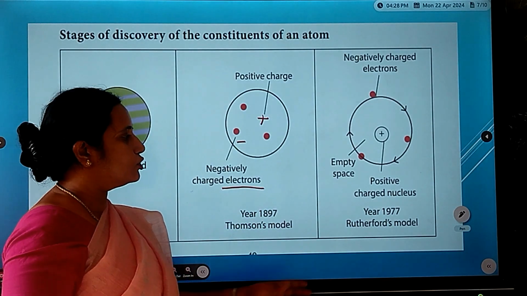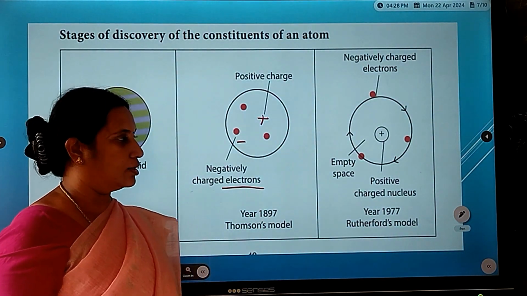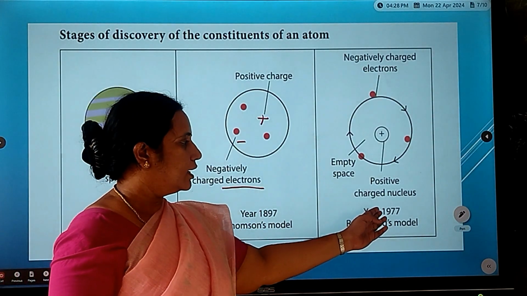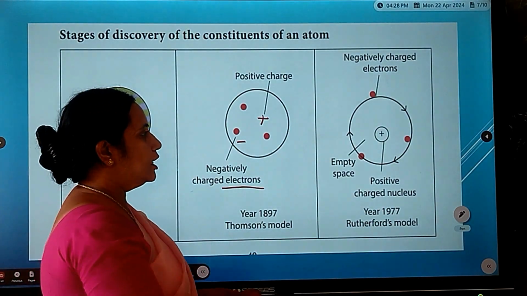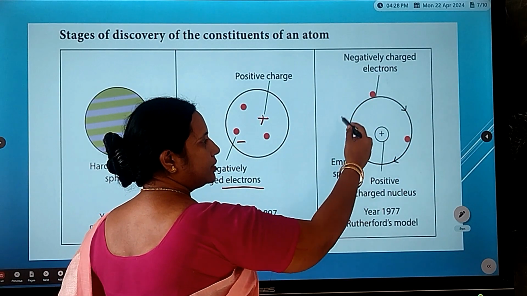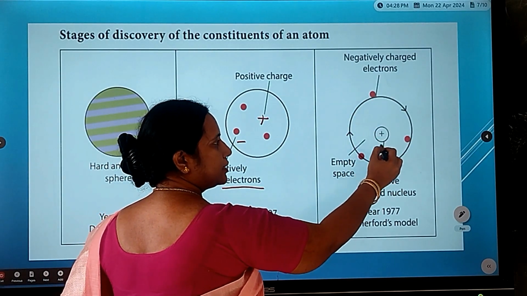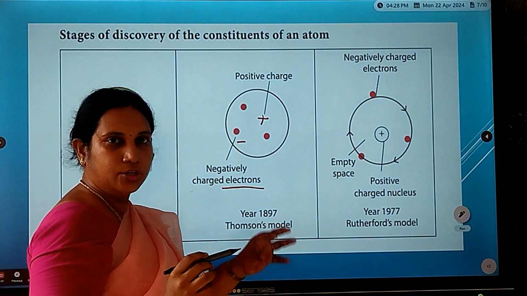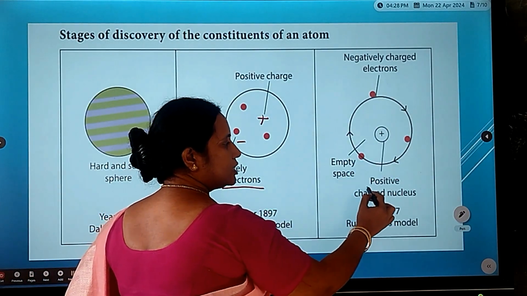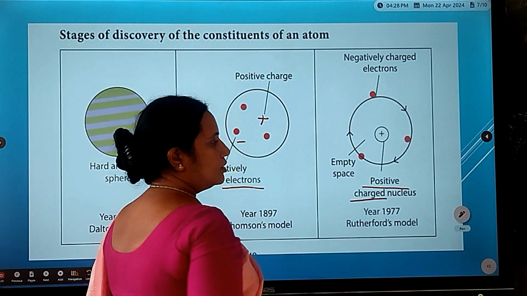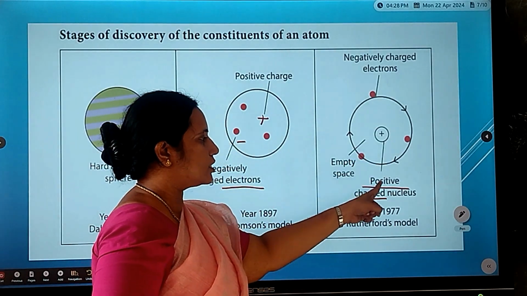Then comes the Rutherford model. He proposed the theory of the Rutherford model in the year 1911. According to this model, he proposed the structure of an atom in which the nucleus is concentrated in the middle of the atom, and the nucleus has positively charged particles.